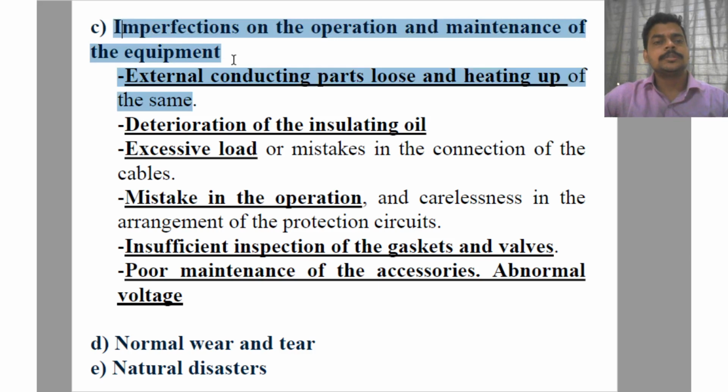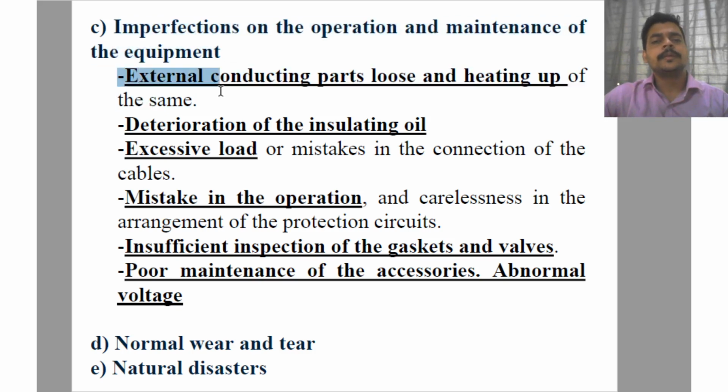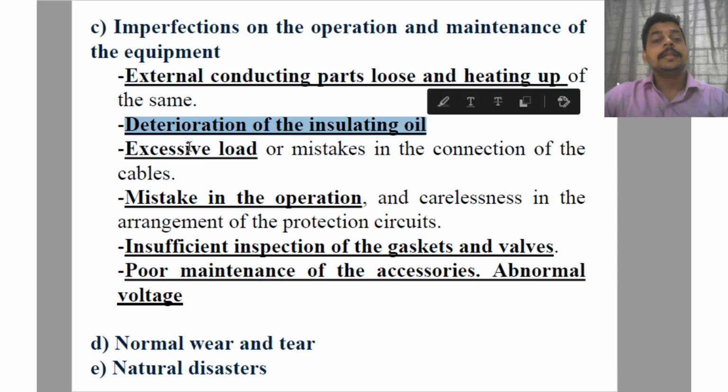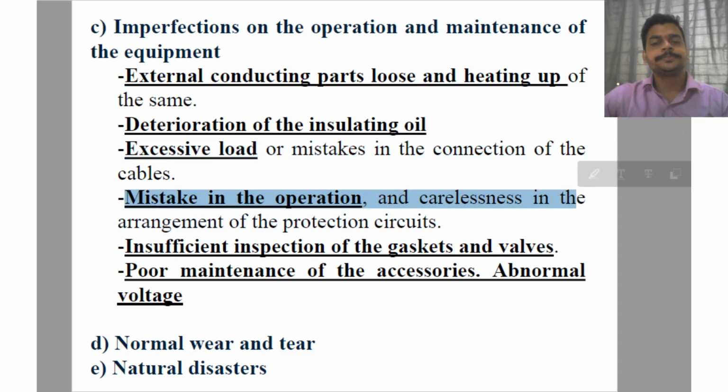Again, there is a third cause, that is imperfections in the operation and maintenance of the equipment. Let's say the external conducting parts are loose and heating up. It results in the failure of a transformer. The deterioration of the insulating oil, excessive load or mistakes in the connection of the cable, mistakes in the operation and carelessness in the arrangement of the protection circuits also result in the failure of a transformer.